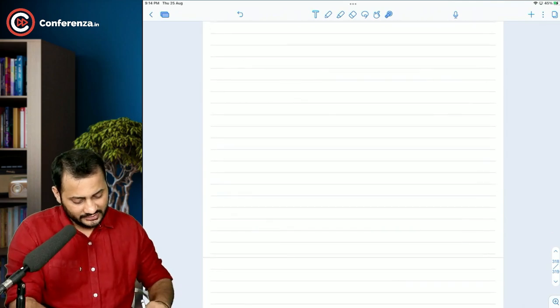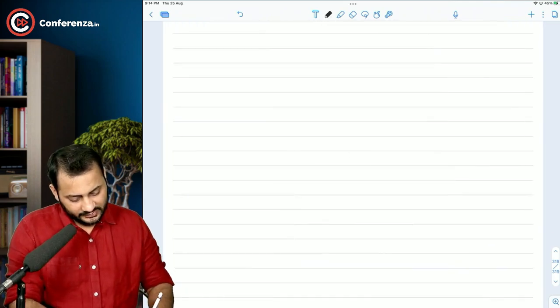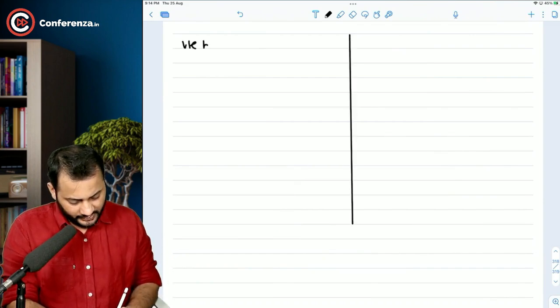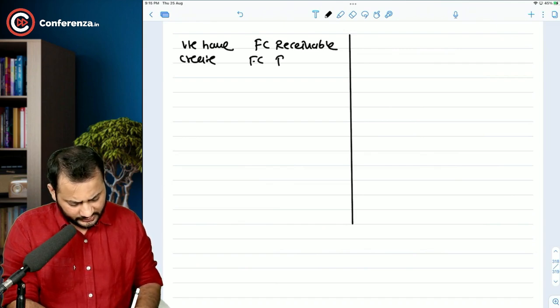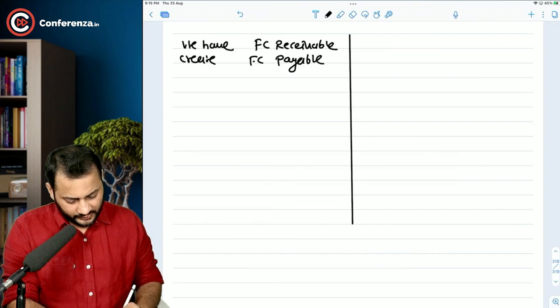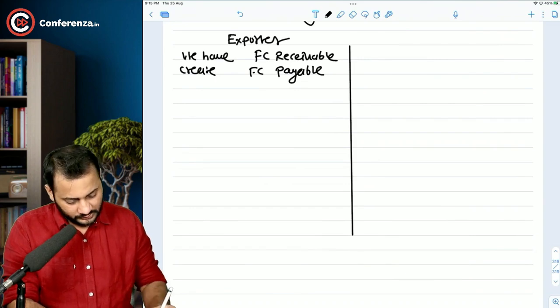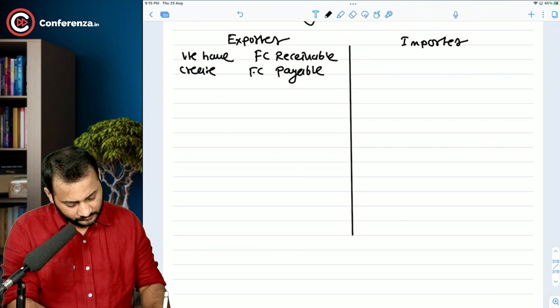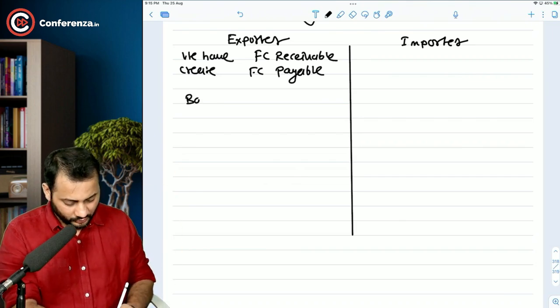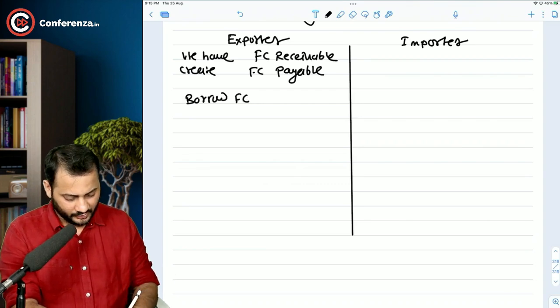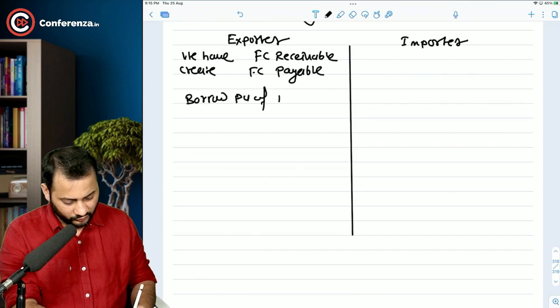So if you ask me to write down the things, it will be like this. We have foreign currency receivable, then create foreign currency payable. This is for the exporter. In order to create payable, we will borrow foreign currency. And how much? Borrow the present value of foreign currency.